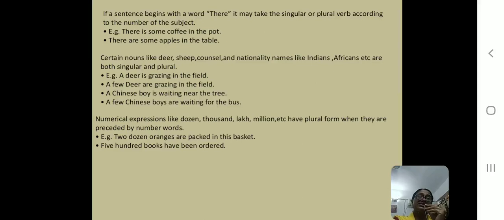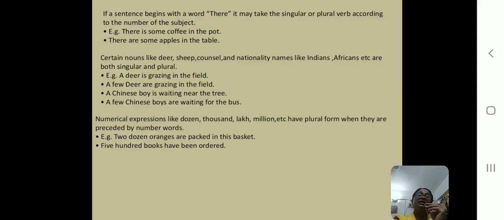Numerical expressions, this is the next rule. Numerical expressions like dozen, thousand, lakh, million, etc. have plural form when they are preceded by number words, like 2 dozen oranges.